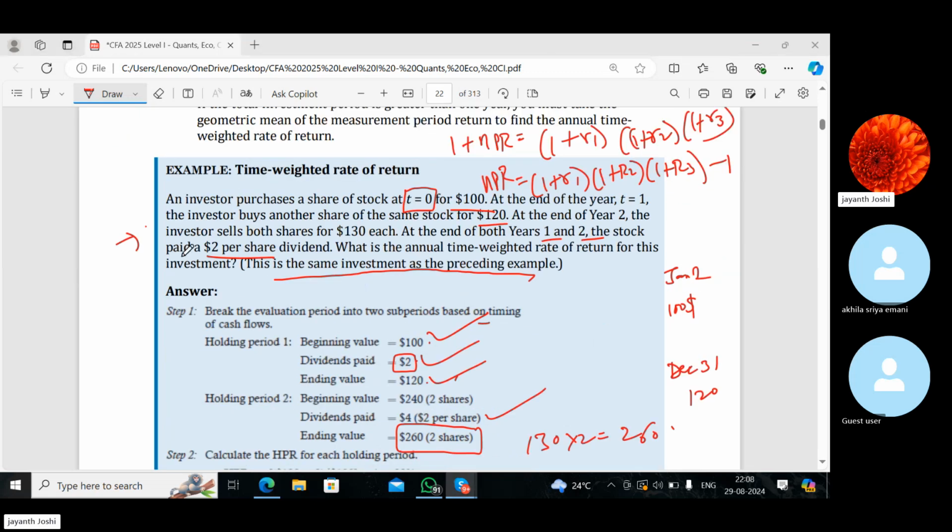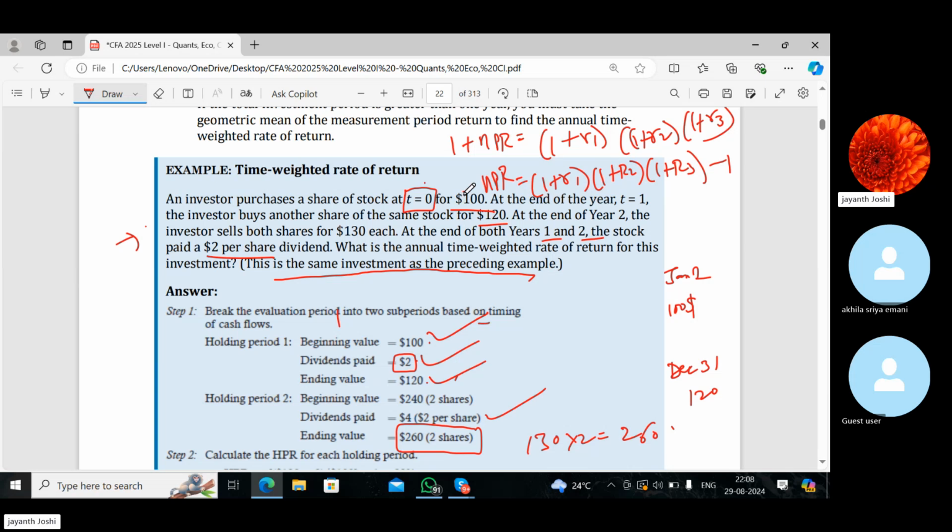I'm just looking: an investor purchases a share of stock for $100 at the beginning. Yeah, that share is with them. Of course, they did not sell it, and that share is going to be with them for the next year as well. At the end of the year, T equal to 1, the investor buys another share of the same stock for 120.